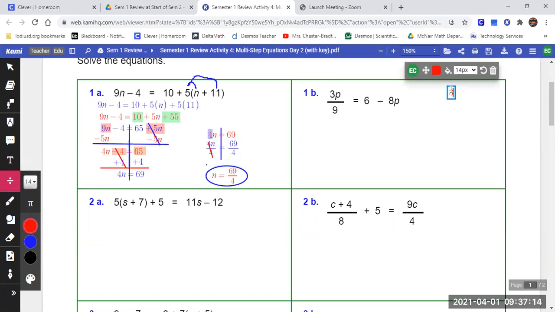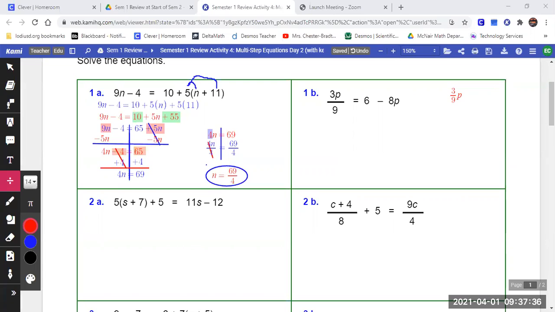It says 3/9 P. Just because they put the P on the top doesn't mean it's only there. Okay, the P should never be squished inside the fraction.